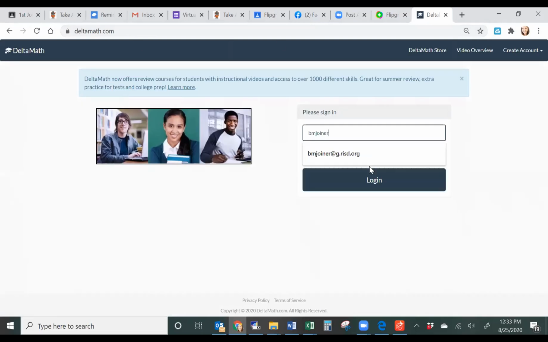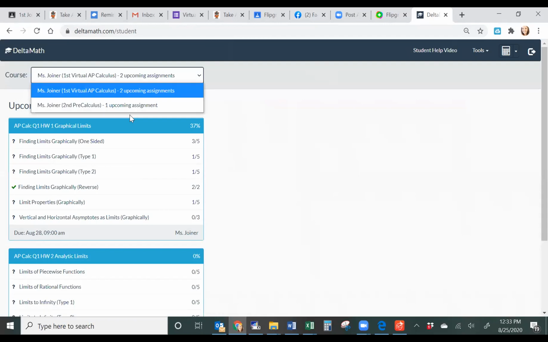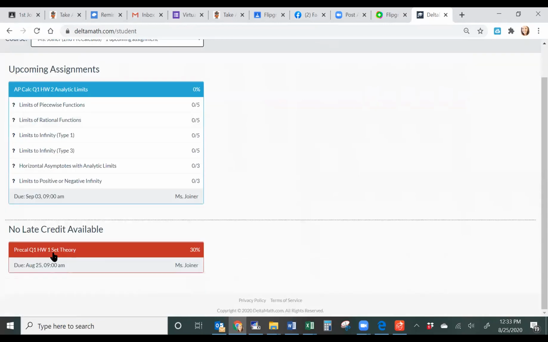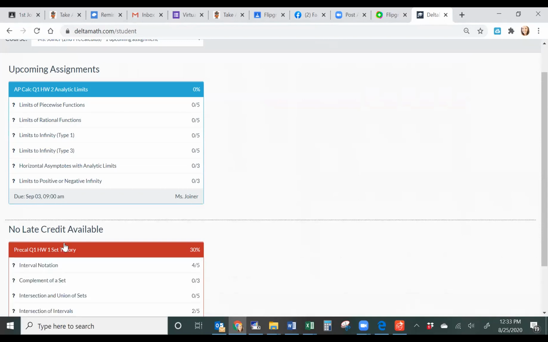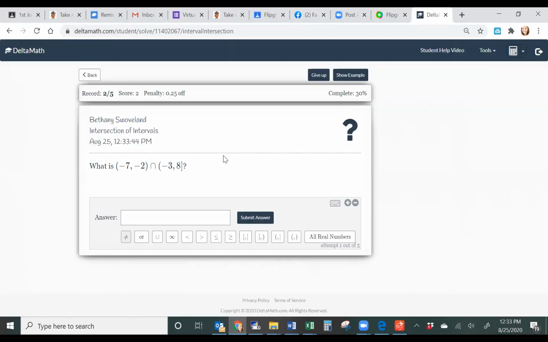Then you're going into your account, which you should have made the first day of school. If you didn't, I can give you those codes in a sec. You're in pre-cal, so you're coming down to your homework 1, and this is the only one that we didn't get to before. So let's just look at a question, make sure you get the idea.